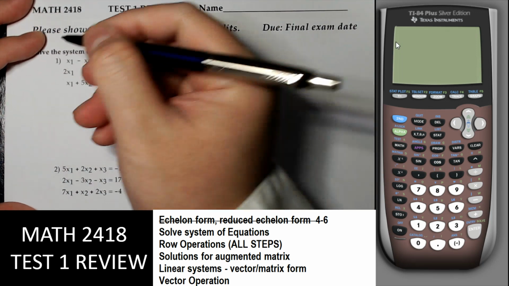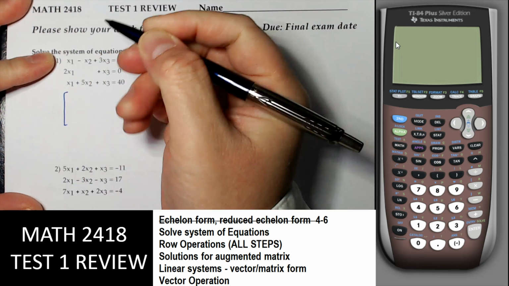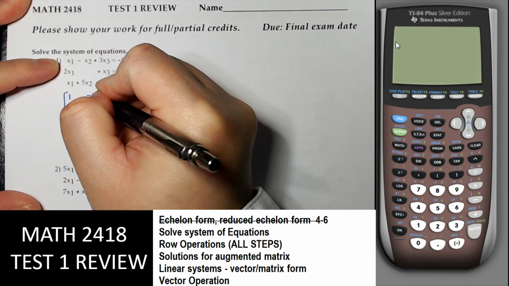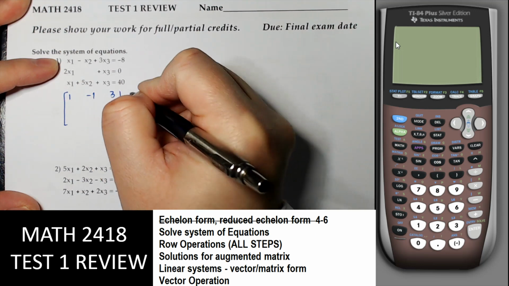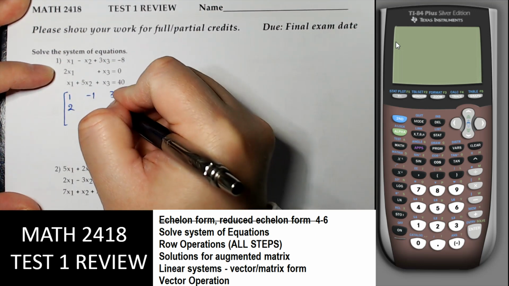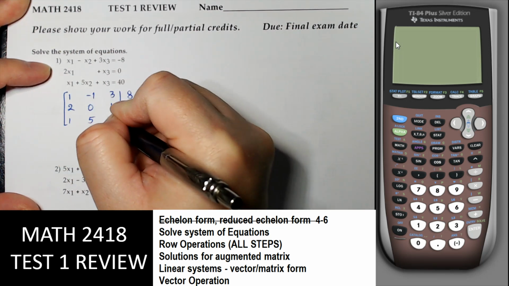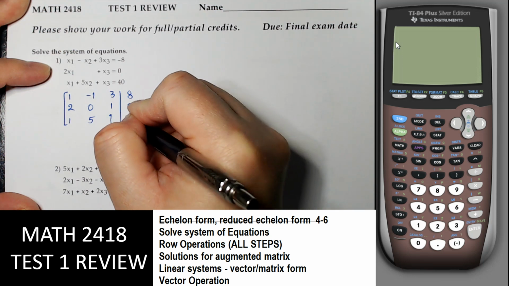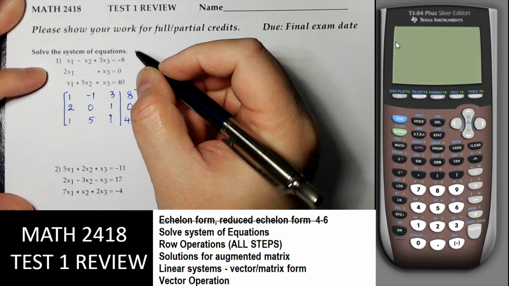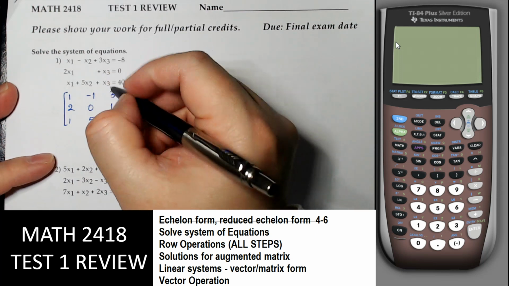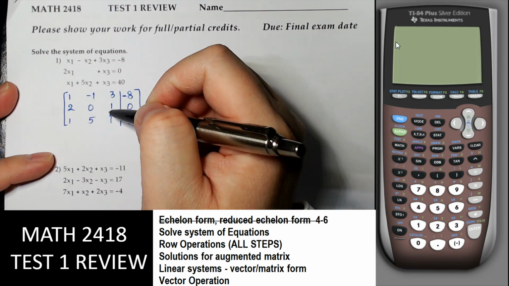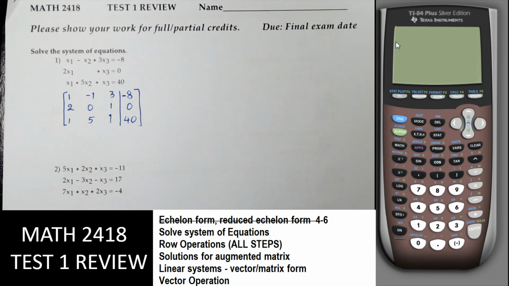So first, all we need to do is write that in the augmented matrix. This will be -8, right? And we just put in the augmented matrix and use the reduced row echelon form.